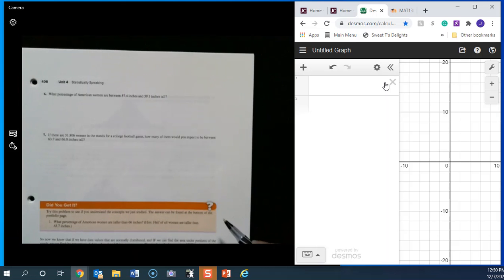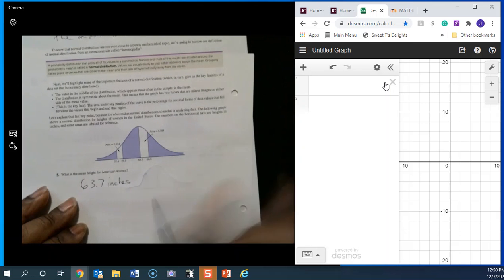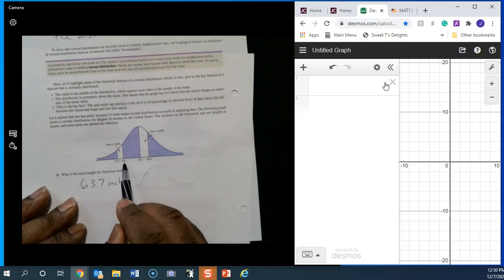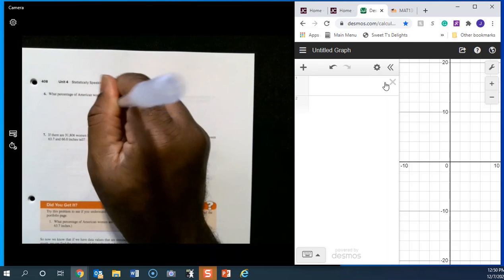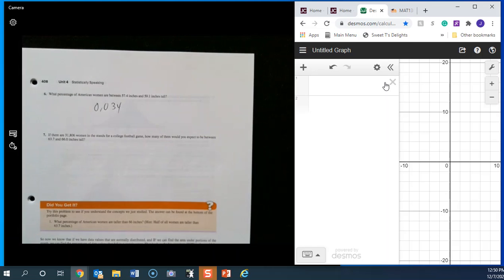It says, what percentage of American women are between 57.4 and 59.1 inches tall? So we have 57.4 and 59.1 inches. And if you notice here, we have this decimal of 0.034.